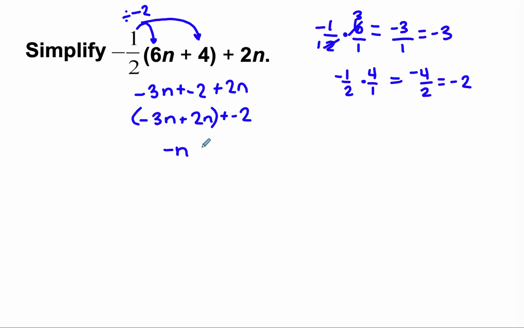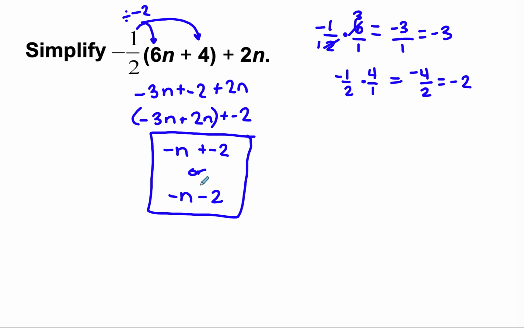I'm just going to write -n plus a -2. You can also write it without the plus in there and just write -n minus 2. The book will never write answers as a plus negative. They will only ever write it as a minus, but it means the same thing, -2 and plus -2. That's the same thing. So you could write it either way. I don't have a preference about how you write your answers.